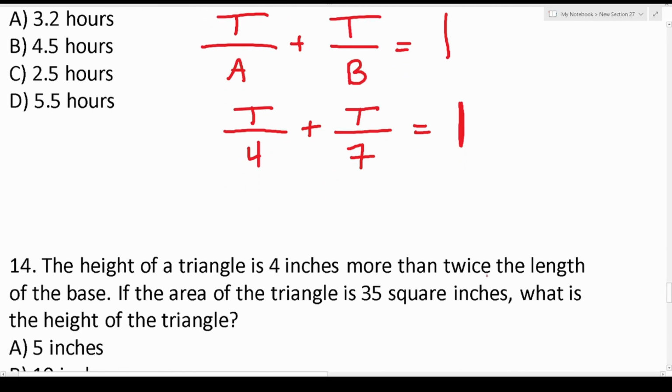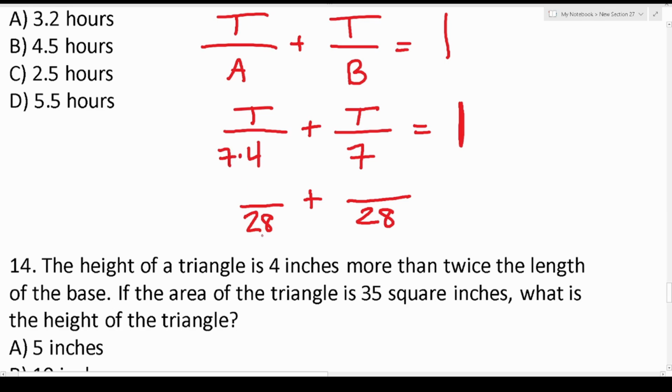And in order to add fractions, they have to have the same denominators. So we're going to have to rewrite these fractions such that they have the same denominators. The easiest way to do that is to take 4 and multiply it by 7 and make that your denominator. 4 times 7 is 28. So we're going to let that be our new denominator down here. To make 4 into 28, we multiply it by 7.